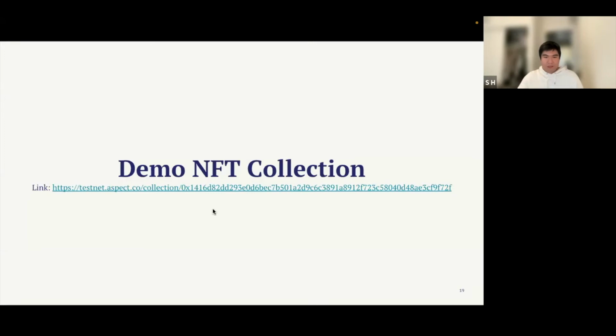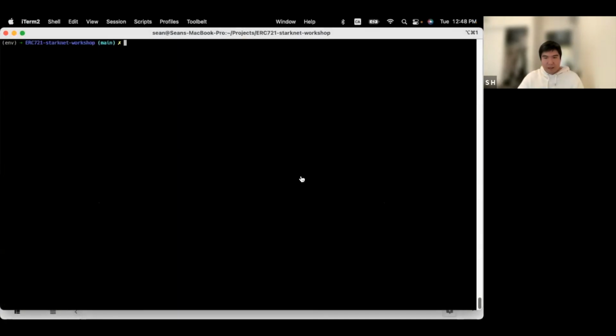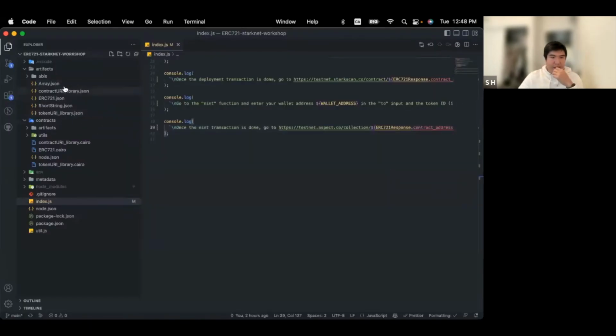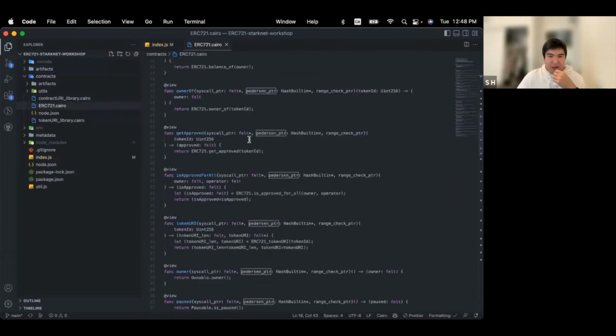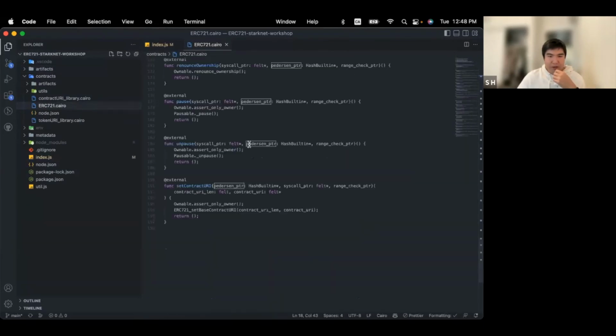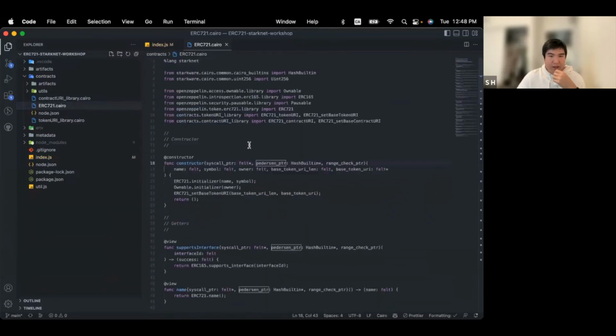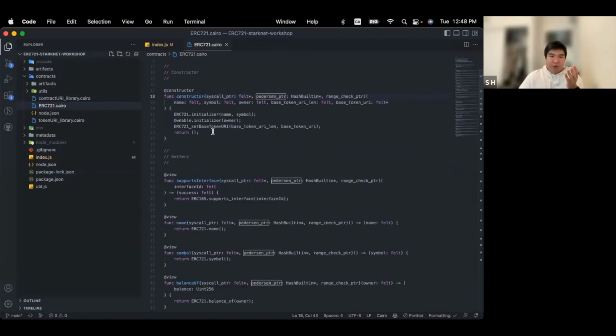Yeah, so let's have a demo of an NFT collection. I have my code base here, which I will open. It's already open source, and it's linked in the slides later, which you will see in the next slide. So essentially, this is my ERC 721 Cairo contract, and like I said in the previous slide, they don't support long strings.